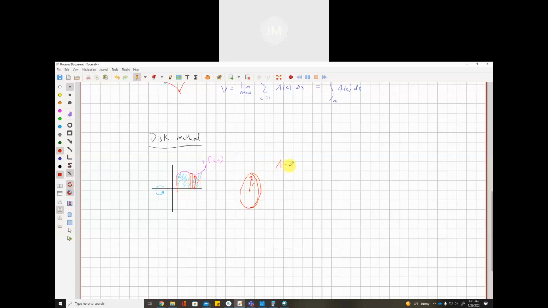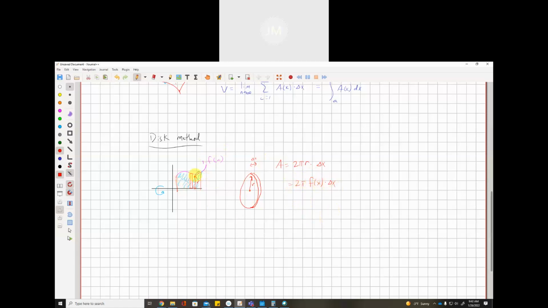And so my area function, the area of a cylinder, right? Because in a way this is a cylinder because it's 3 dimensions. I have the front face, which is 2 pi r times the thickness, which is delta x. And if my r is just a function height, then I get 2 pi f of x times delta x.